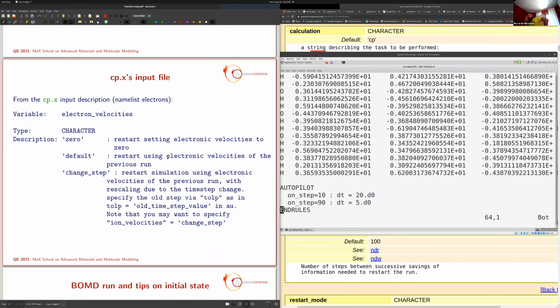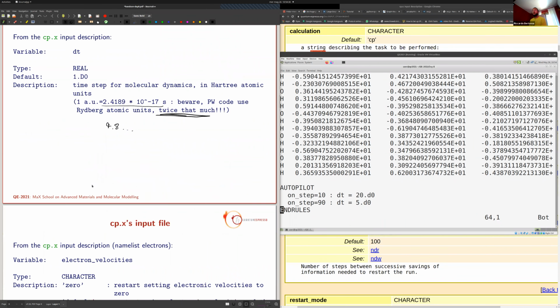Because in the restart files, the velocities of the electrons and of the ions are not saved. You have only the positions at two consecutive time steps. So if the code does not know what the old time step was, it cannot rescale the positions at the time step before the last one to have correct velocities in the algorithm. So you have to tell this if you change the time step between different runs of the code.